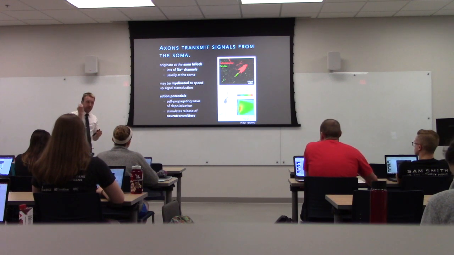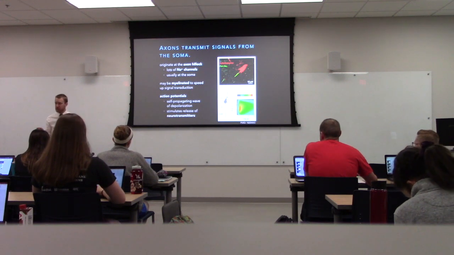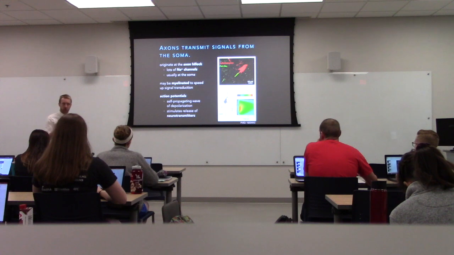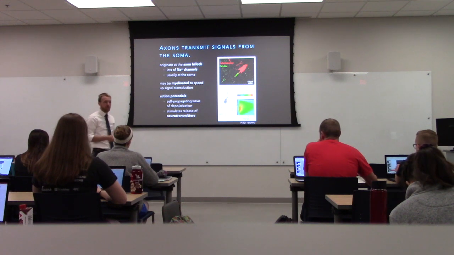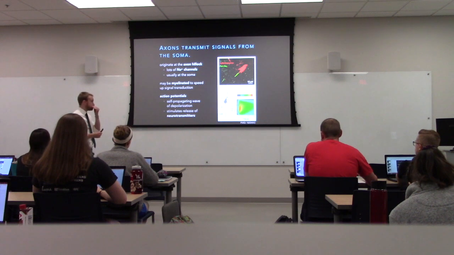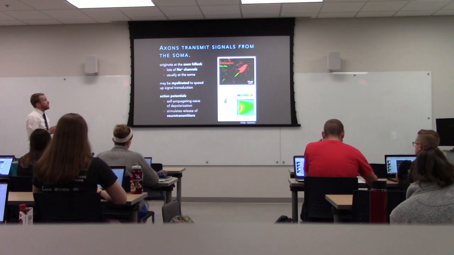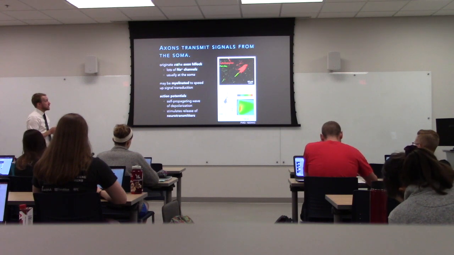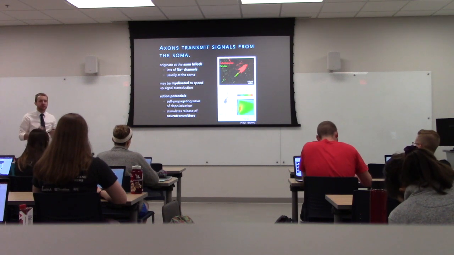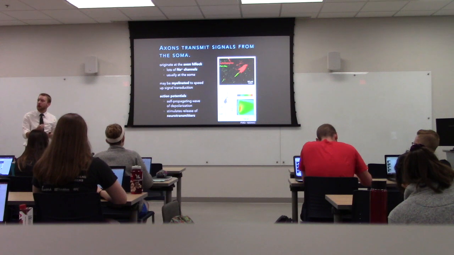This is where we're going to conduct electrical signals called action potentials away from the cell body and toward our target, whether that be another neuron, a muscle, a gland. An important part of the axon is the axon hillock. This is that initial segment of the axon just coming off of the cell body.